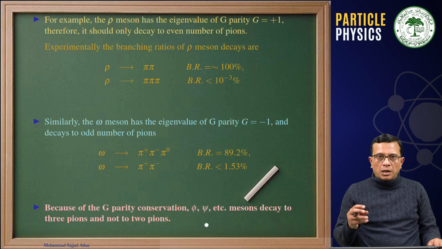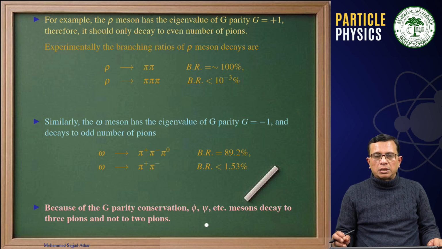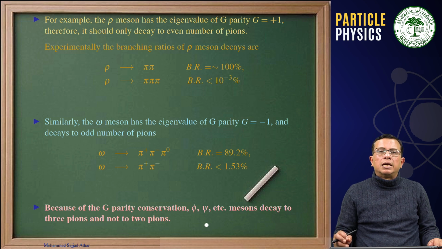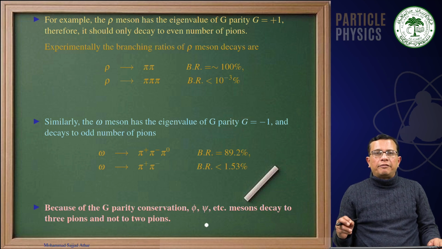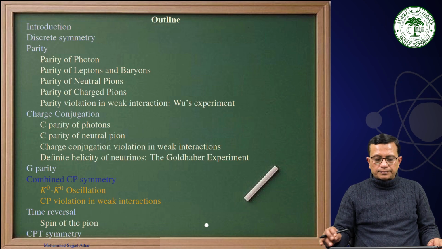So therefore, G parity is conserved in strong interaction processes, while it gets violated in electromagnetic and weak interaction processes.